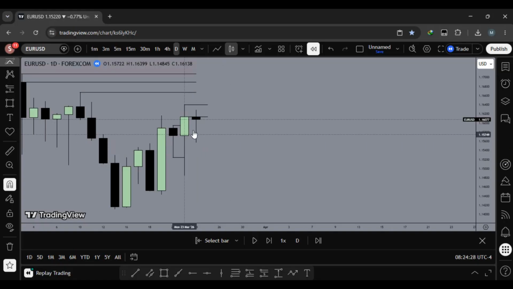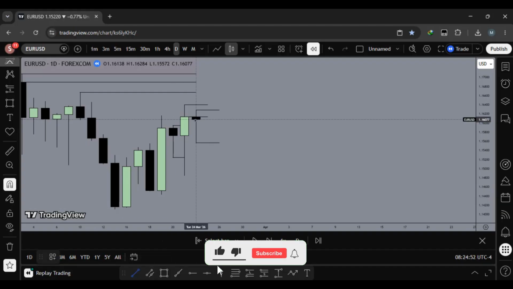Okay. But however, we will not conclude, because all we need to do is to mark our previous day high and previous day low. We want to determine our bias. There is nothing yet, okay, we will remain neutral. But what will make us know that our bias is down or will be going down or up is our closing price.